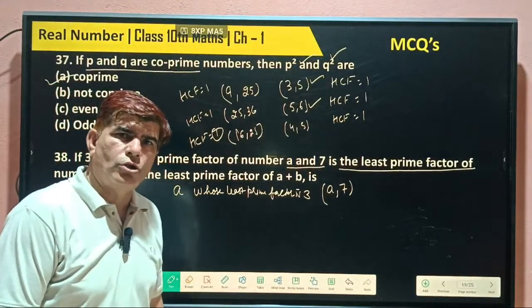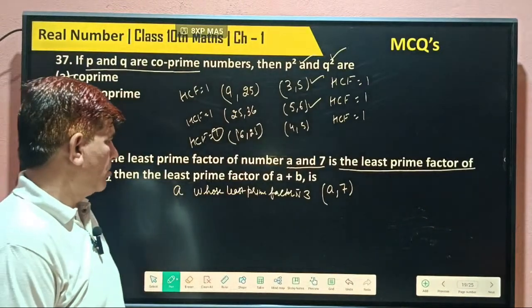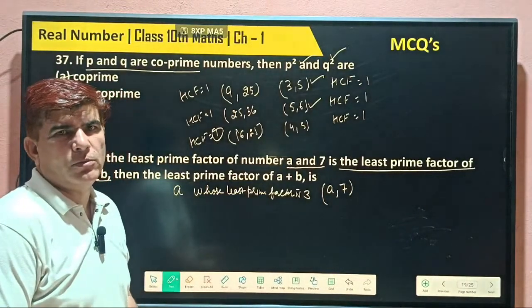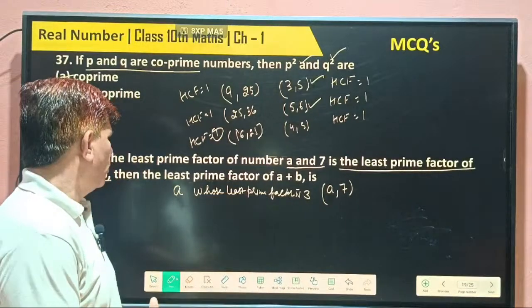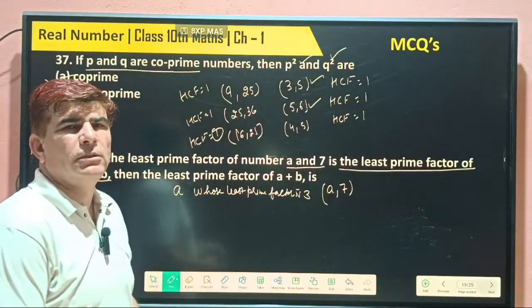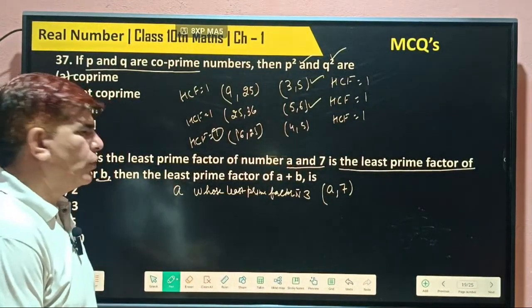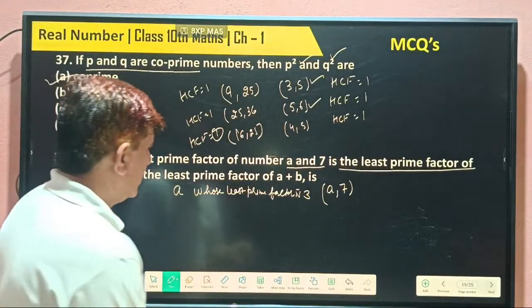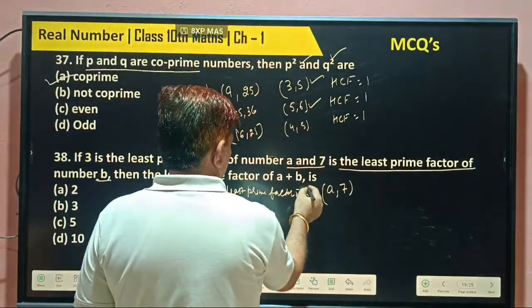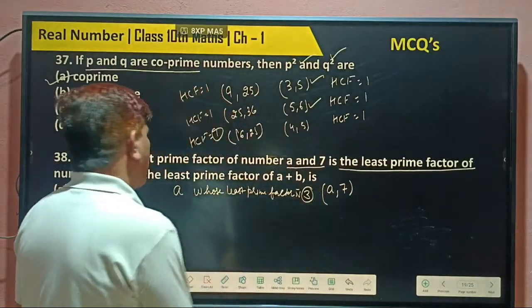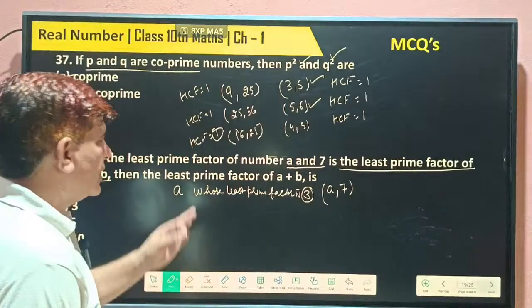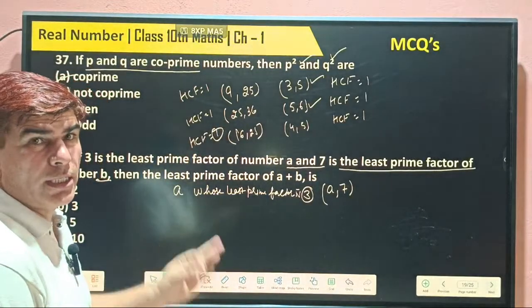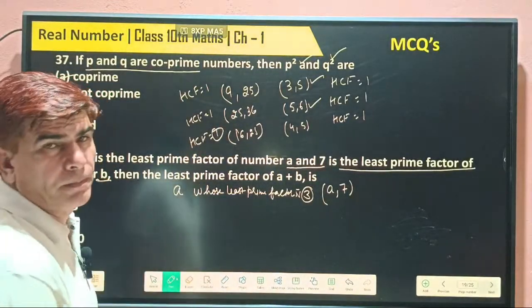2 not. 3 is that number. 3, whose least prime factor is what? 3. 4 not. 5 not. 6, 2. So 3 is the least. 3 is that number whose least prime factor is 3.